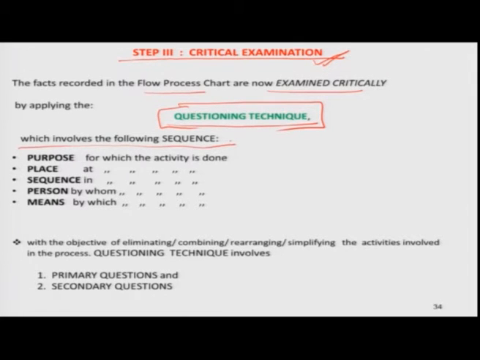Here you will have to follow this sequence for examination: the purpose for which the activity is done, then the place at which the activity is done, then the sequence, whether the sequence is followed properly or not, again the person and the means by which, because sometimes chart preparation varies from person to person.